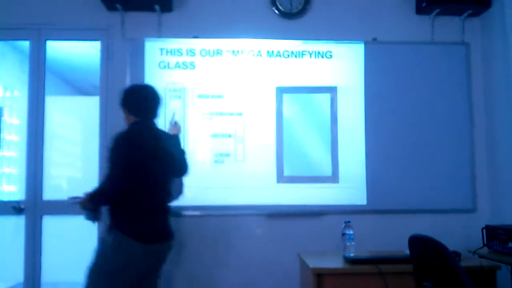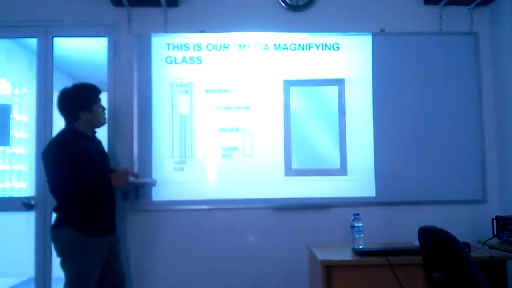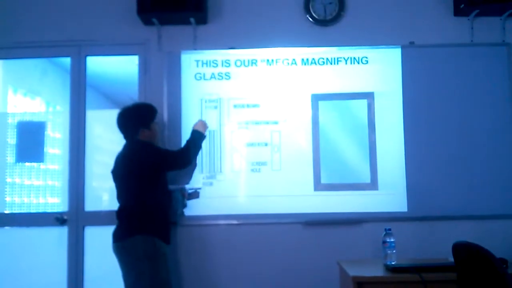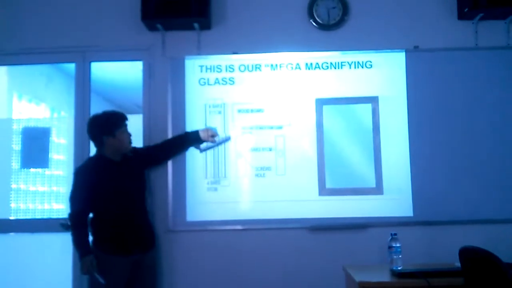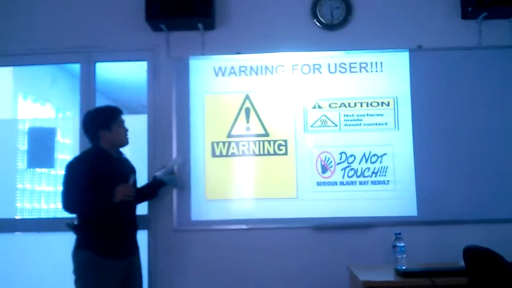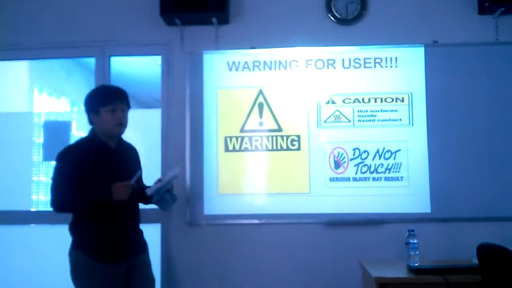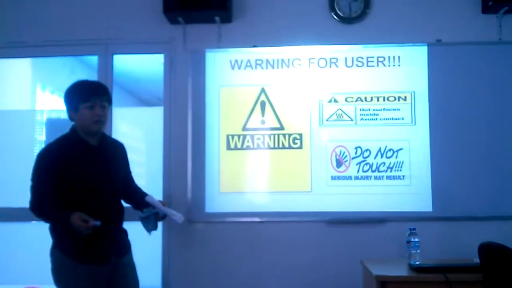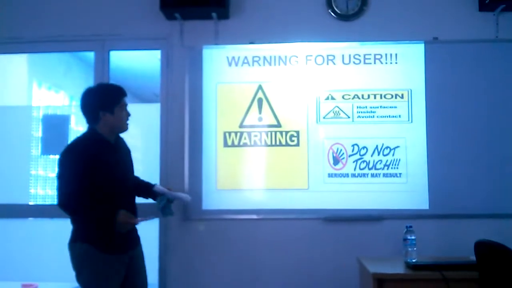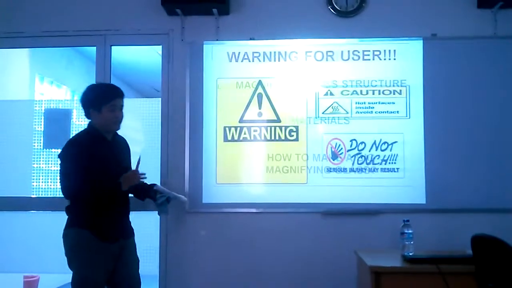We must make this line because we need to put the liquid crystal in the frame. That's why we need the lines in the middle of the wood bars. This is some wiring for use, because the purpose of the magnifying glass is to make something hot. You make fire. The focus is very hot. Don't touch it. Don't touch it.